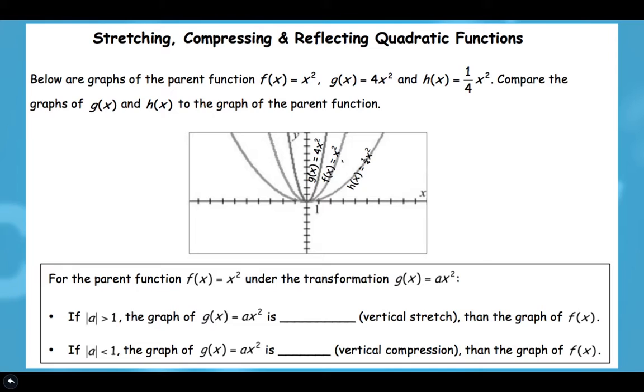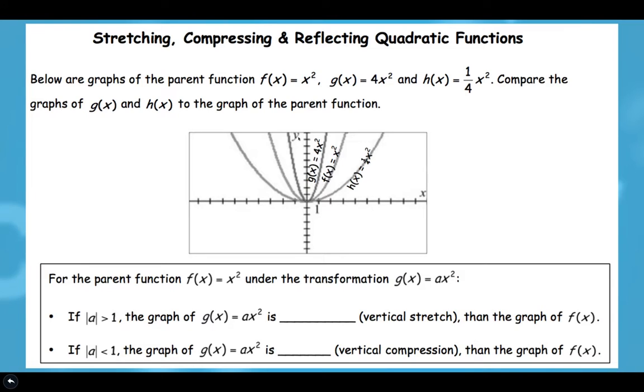Alright, so for the parent function, f of x equals x squared, on the transformation of g of x equals ax squared, if the absolute value of a is greater than 1, well then the graph of g of x is blank than the graph of f of x. So when the absolute value of a is greater than 1. Okay, so if I look over here, 4 is clearly greater than 1, absolute value of 4.